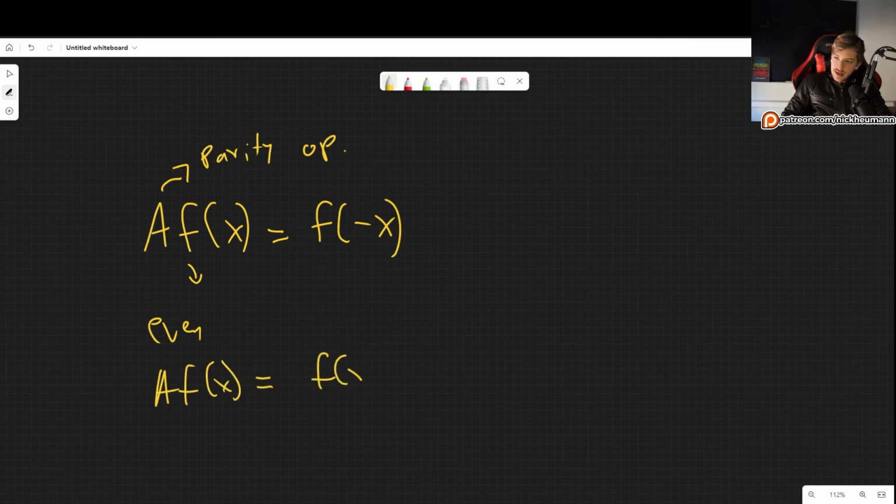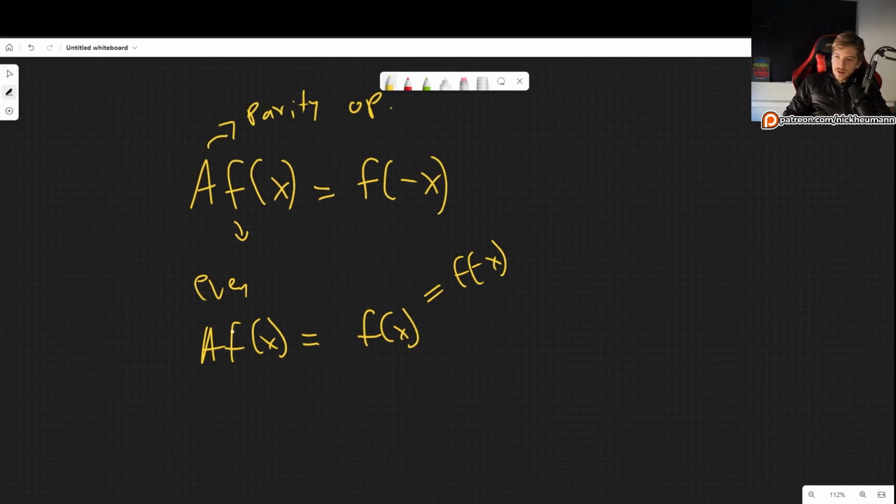Simply f of x, because we know that this is the same as f of minus x, because it is an even function, right? So what is the eigenvalue? It is 1, right? This is if f is the eigenfunction, the eigenvalue is 1.